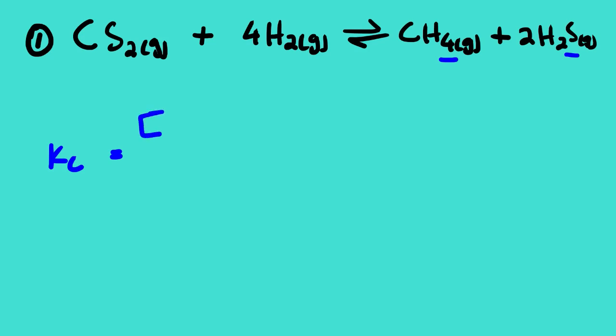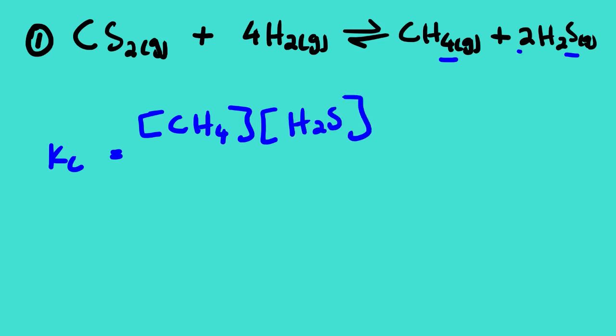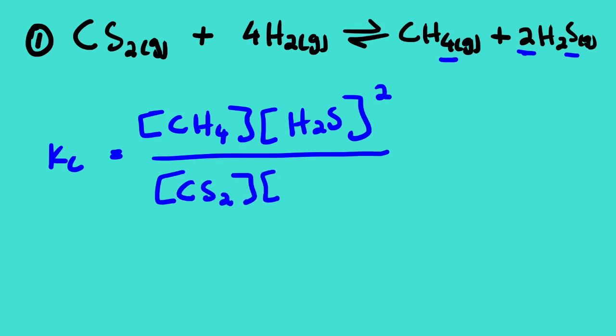So we're going to have concentration of CH4, there's no coefficient, multiplied by concentration of H2S, then we can see the coefficient here, so we're going to put 2 here, all divided by concentration of CS2, concentration of H2 to the power 4. I hope you got this one correct.